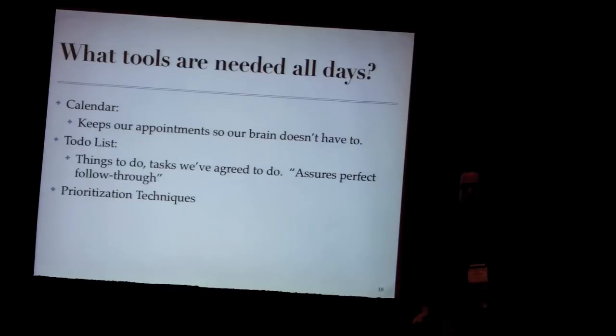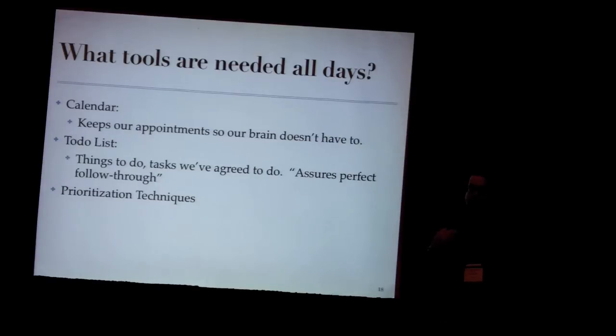Okay, so what kind of tools are needed for all days? Having a calendar. Oh yeah, we can't plan our day if we don't have a calendar to know what kind of day it is. This audience seems to be pretty good about that. The to-do list. You can think about it as things to do. I find it's most useful to write down the next step of a project as opposed to the project.